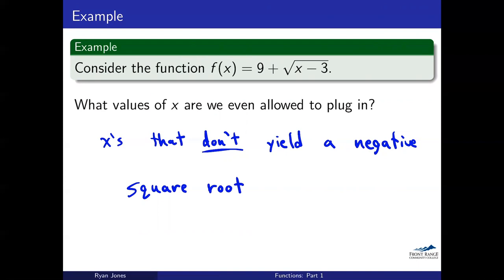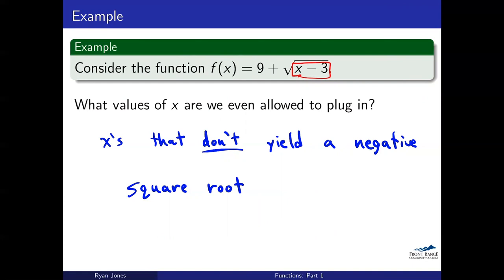And when I look at that, I realize that I have an x minus 3 underneath that square root. So x better be bigger than 3, right? If x is anything smaller than 3, then I'm going to be taking a small number, x, and subtracting 3, which is bigger, right? And so if I have 2 minus 3, that's going to give me a negative. 1 minus 3, that's going to give me a negative. 0 minus 3, negative 1, negative 2, negative a million minus 3, that's still going to give me a negative number.